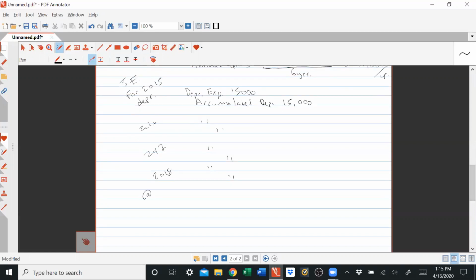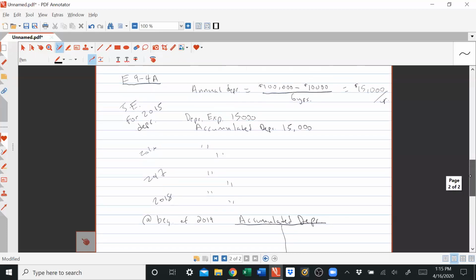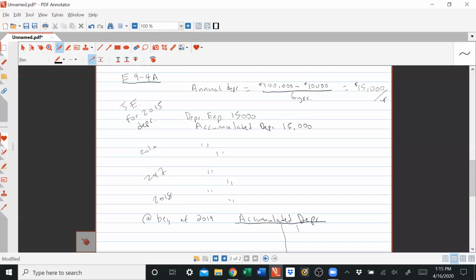So at the beginning of 2019, if we look at the accumulated depreciation T account, what's the balance in it at the beginning of 2019? In 2015, we put 15,000 in it. At the end of 2016, we put 15,000.